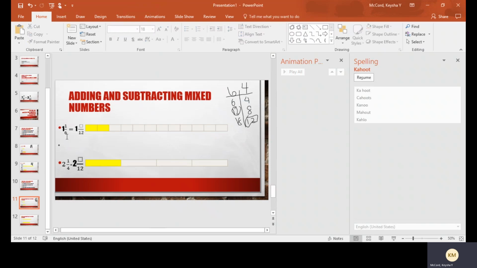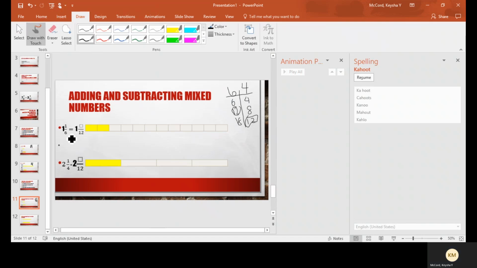And if I look here, to get from 6 to 12, I have to multiply times 2. So if I do a cross, I'm going to do the same thing, times 2. I have 2. And if I look right here, I have 2 pieces. So it worked out. So 1 and 1/6 is the same as 1 and 2/12ths.